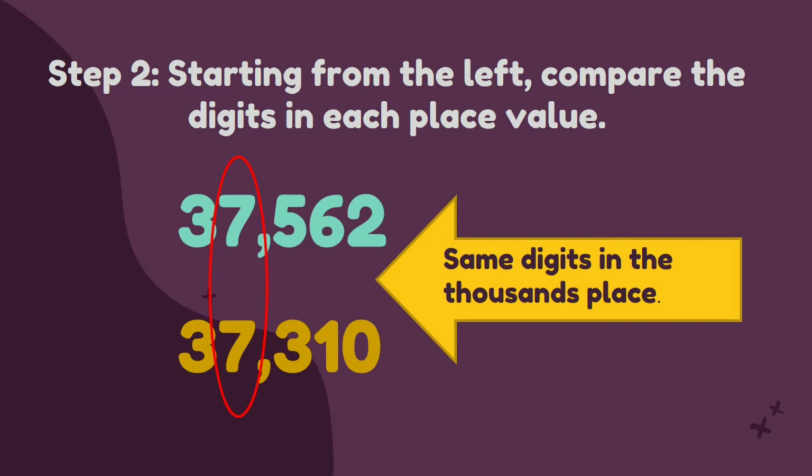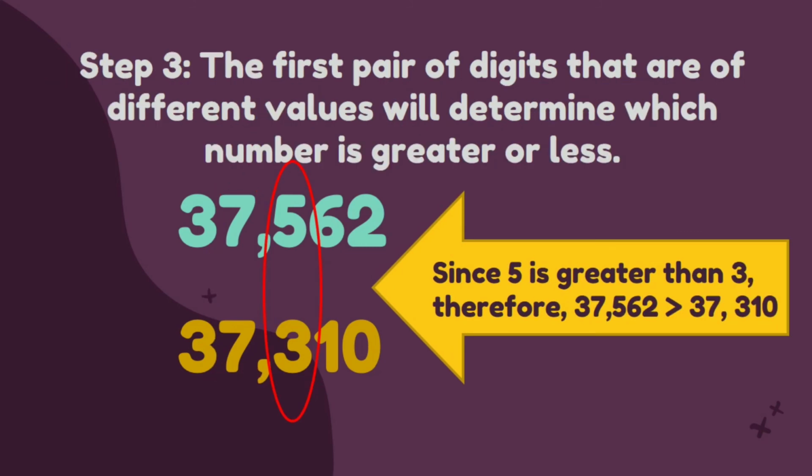We have same digits in the thousands place, which is 7. Step 3. The first pair of digits that are of different values will determine which number is greater or less. Since 5 is greater than 3, therefore 37,562 is greater than 37,310.